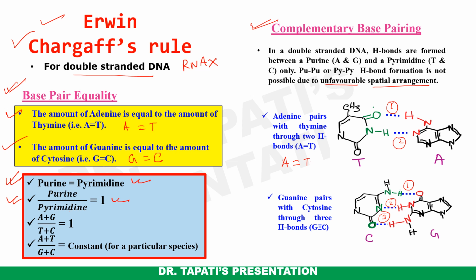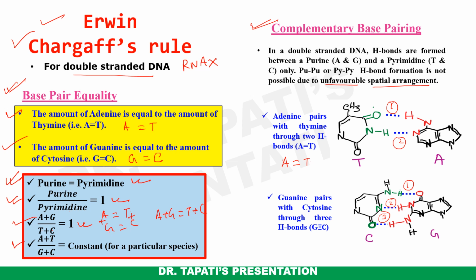And as I told you, A is equal to T and G is equal to C. So if you add A and G, and T and C, you will get A plus G is equal to T plus C. That means A plus G divided by T plus C is equal to 1.